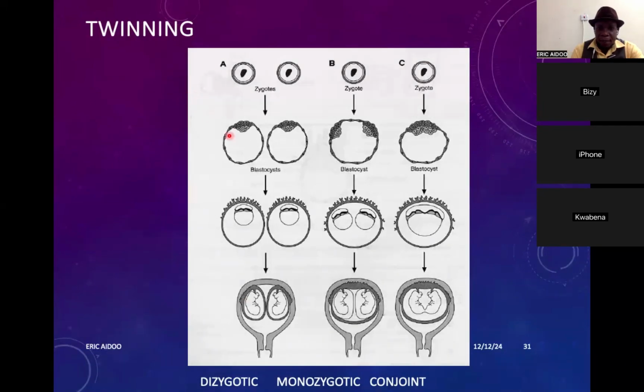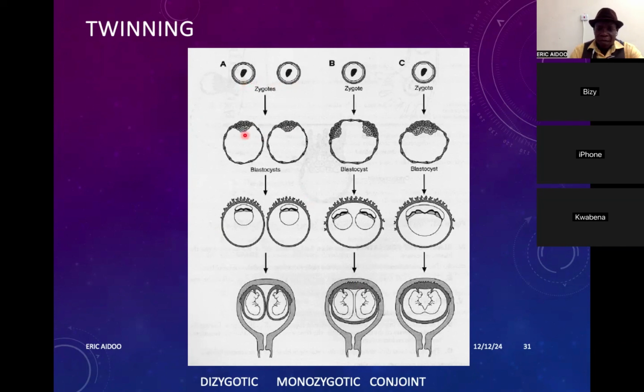Twinning is something I have already covered fully in one of the videos. So I will go through quickly to lay a foundation. You have either dizygotic twinning, monozygotic twinning, or the conjoint twinning. Now, for the dizygotic, which we usually call the fraternal twins, they come from two separate eggs and then two separate sperms.